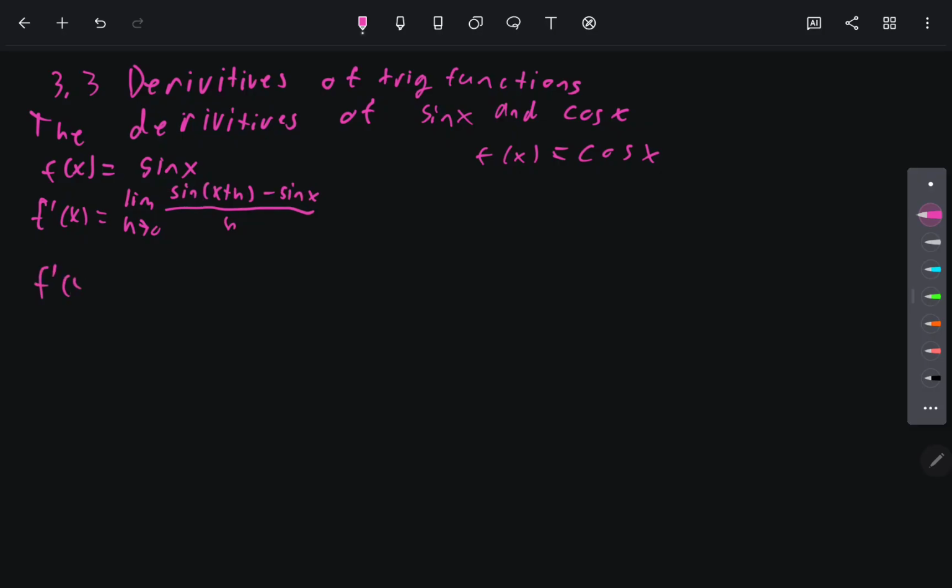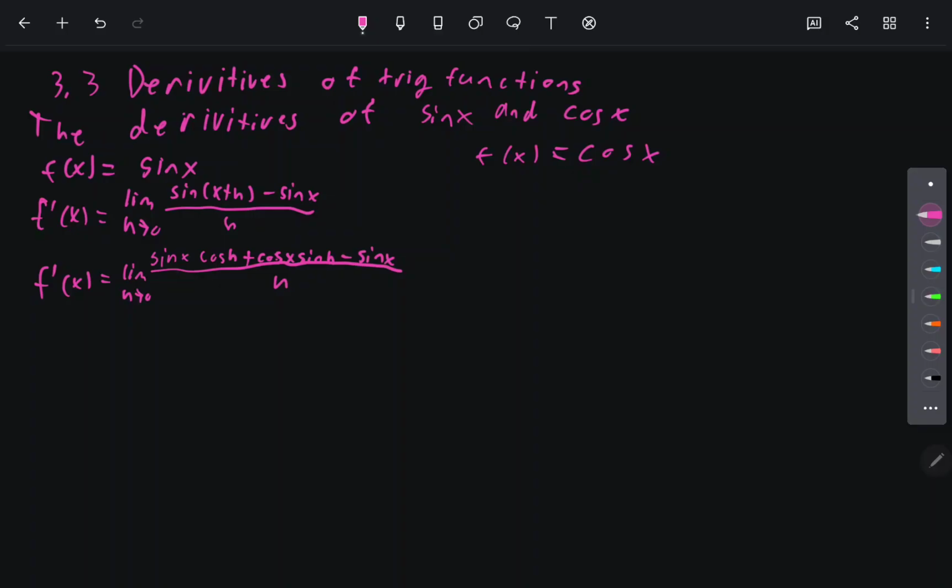So we're going to say f prime of x is equal to the limit as h approaches 0 of sine of x cosine of h plus cosine of x sine of h minus sine of x, all of that over h.